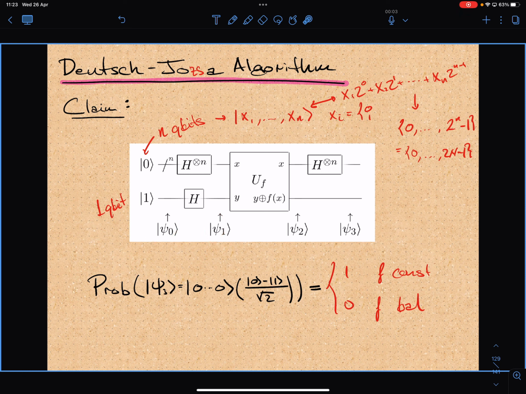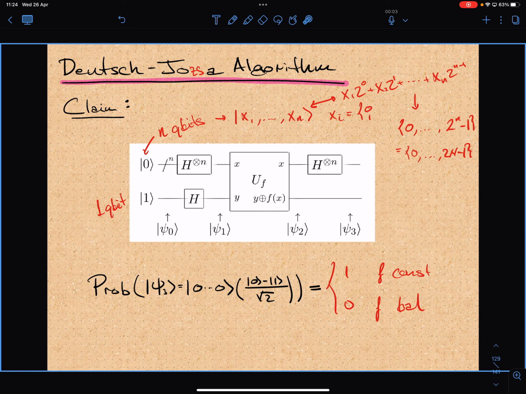Yes? There's n iterations of that first part? The notation here means that it's n qubits. Typically if you have 2 qubits, you do 2 lines like this; 3 qubits, you do 3 lines. But if you want to represent a general n, then you use this notation. In particular, this means that it's 0, 0, 0, 0, 0.